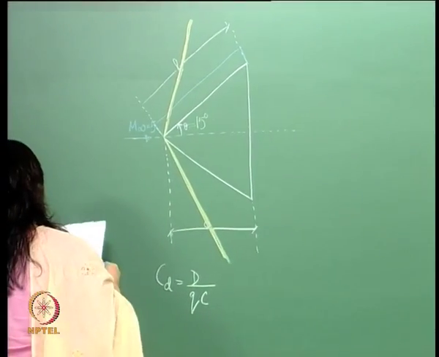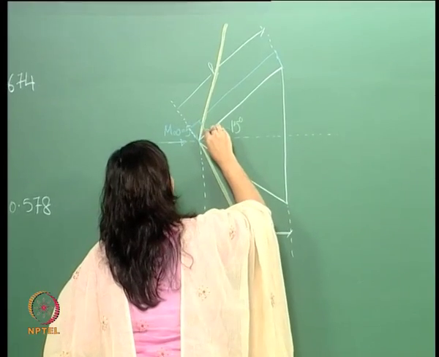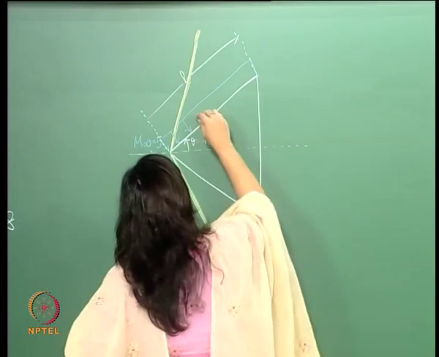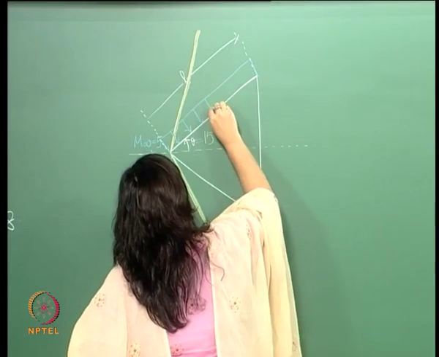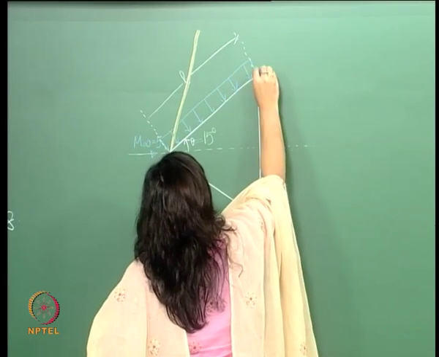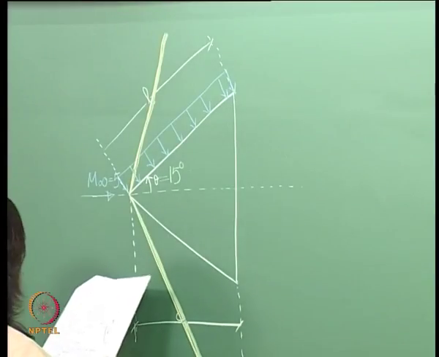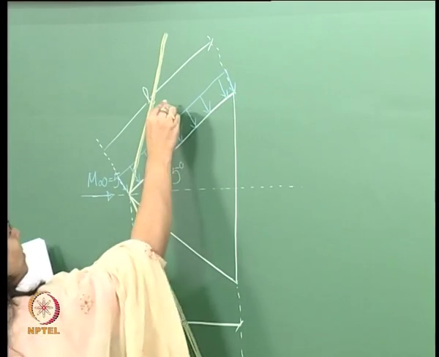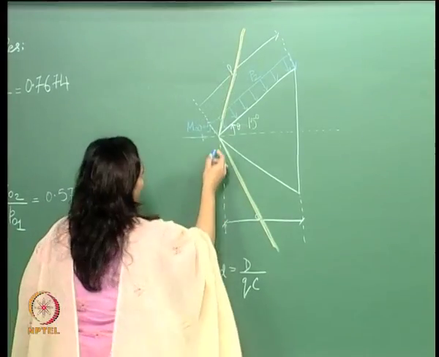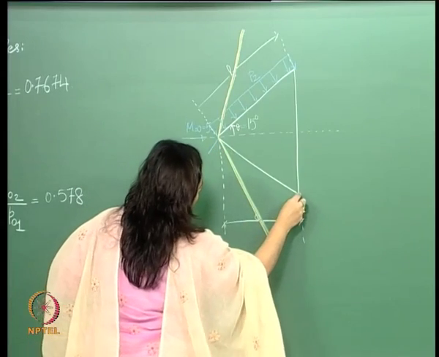If that is the case, I'm basically going to just draw that pressure distribution like this. If this region is 1, I'm going to call this pressure distribution 2, and it will be the same here as well.